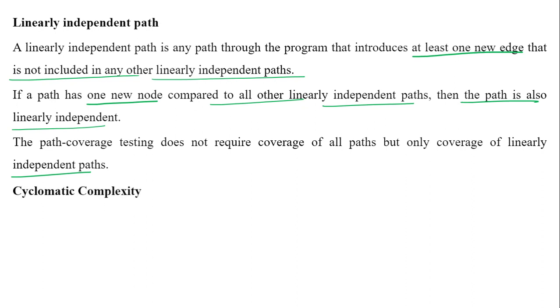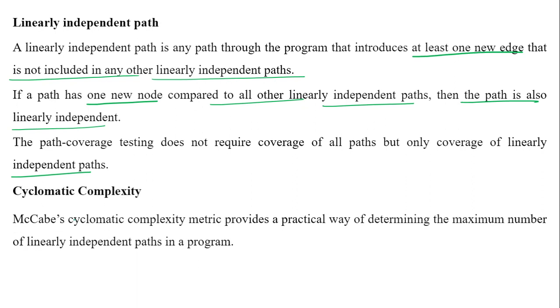Now let's talk about cyclomatic complexity. McCabe's cyclomatic complexity metric provides a practical way of determining the maximum number of linearly independent paths in a program. If we want to find out how many linearly independent paths there are in a program, for that we have to find the value of the cyclomatic complexity.